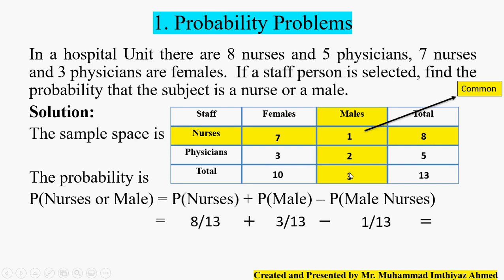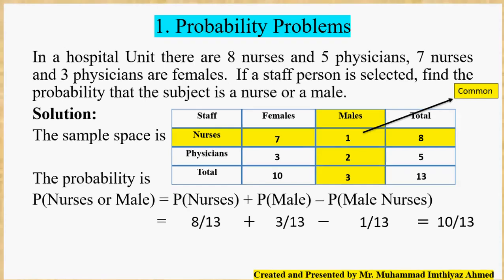And probability of male nurses is 1. As I am indicating with the arrow, we need to add 8 plus 3 is 11, and 11 minus 1 will be 10 by 13. So I hope problem number 1 is clear.